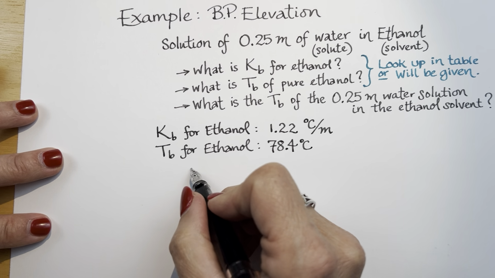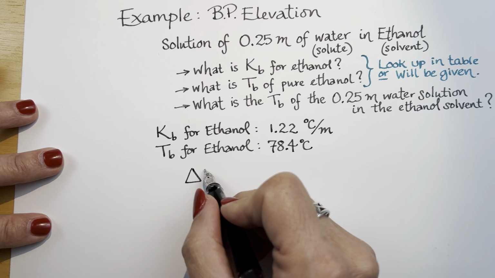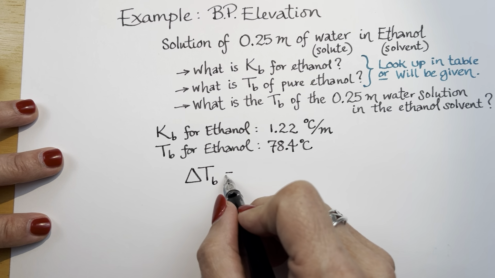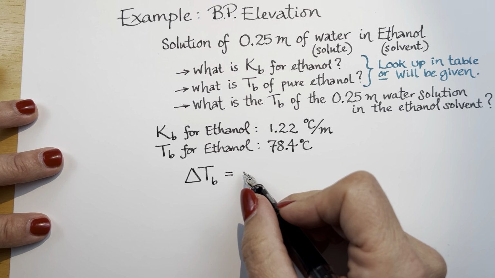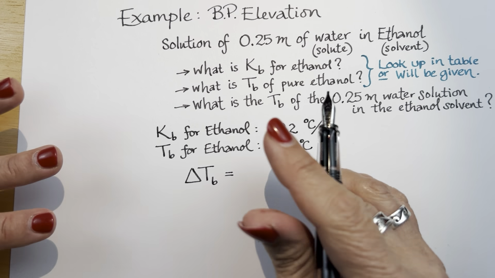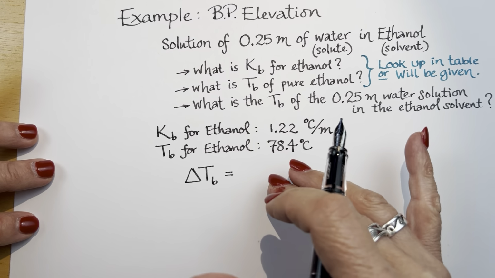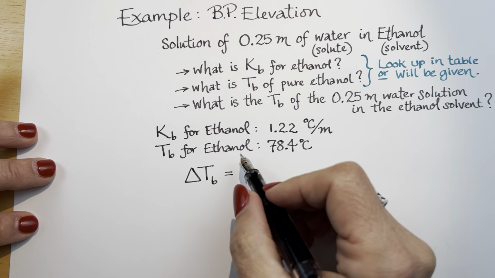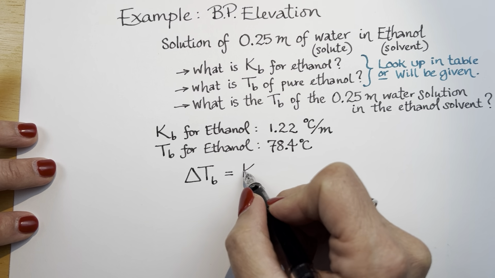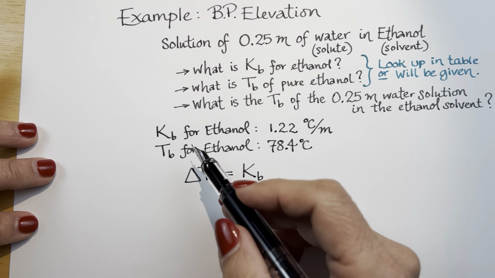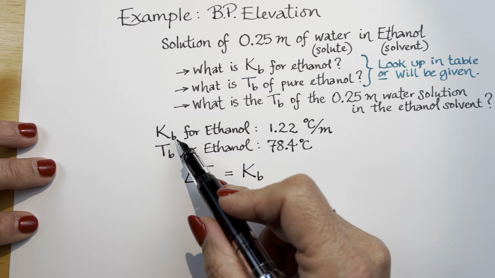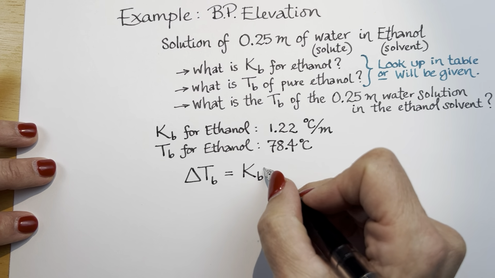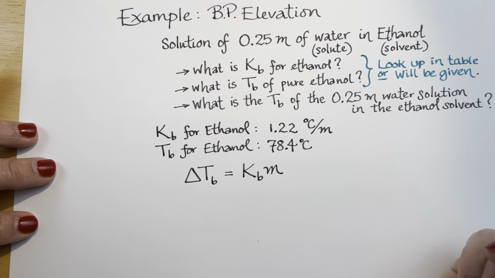Okay, so the change in the temperature of the boiling point we discovered on the previous page is given by a very straightforward mathematical relationship, which is the product of the boiling point elevation constant for ethanol multiplied by the molality.